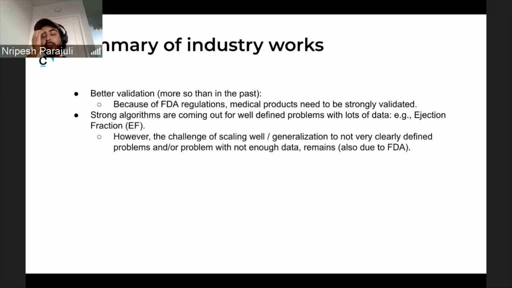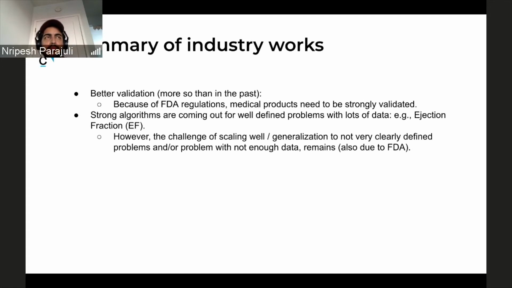But of course, the flip side is that for problems where there isn't a lot of data, and it's a fuzzy problem that's not well defined, it's still hard. I'm still not seeing a lot of cool new algorithms and AI-based methods coming out.